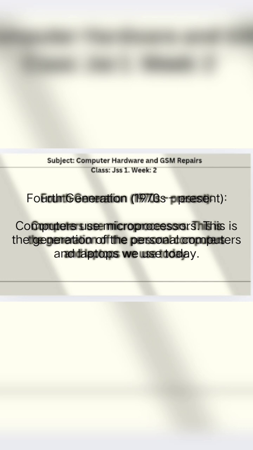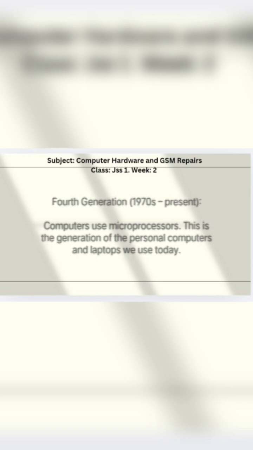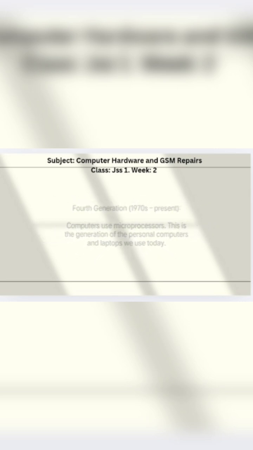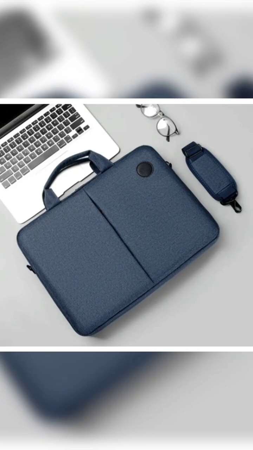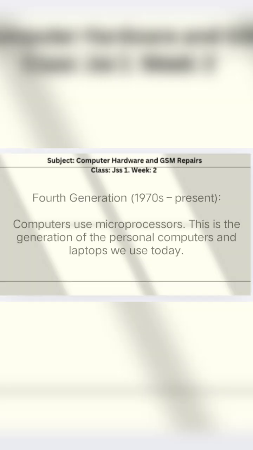It makes computers relatively small, so that we can put them on our desk. We can use computers at home, and computers now fit into our bags. These are the computers that we still have and use today.